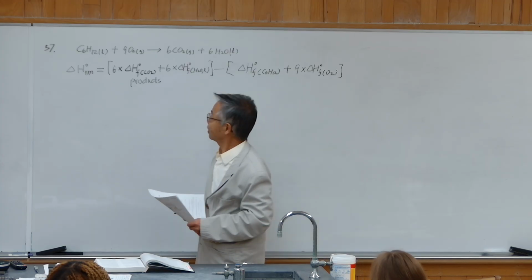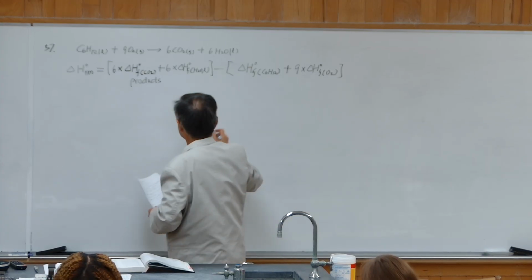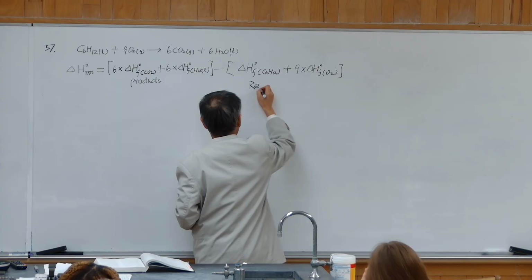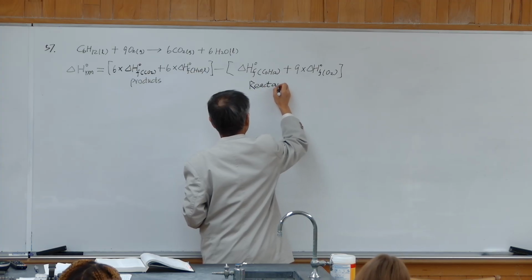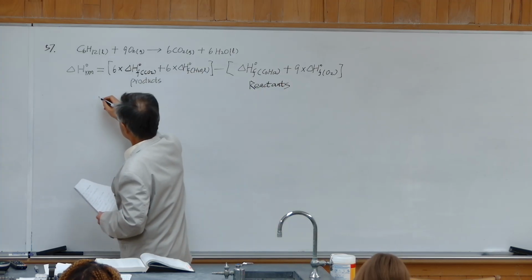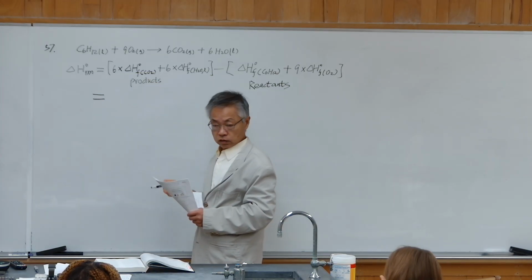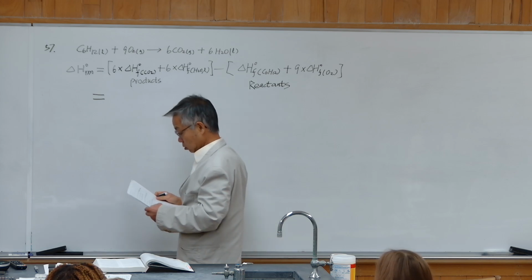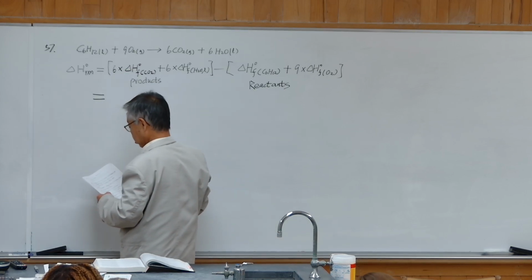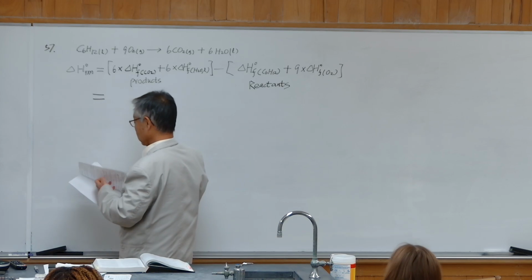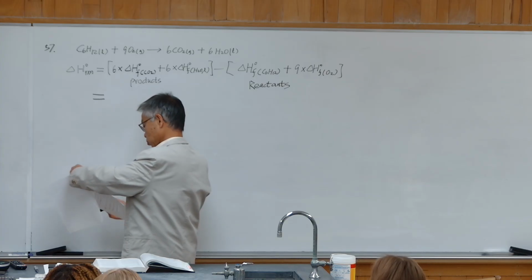So this is the formula: products minus reactants. Then you need to use a table to find the standard enthalpy of formation for each substance. The table provides you the values.